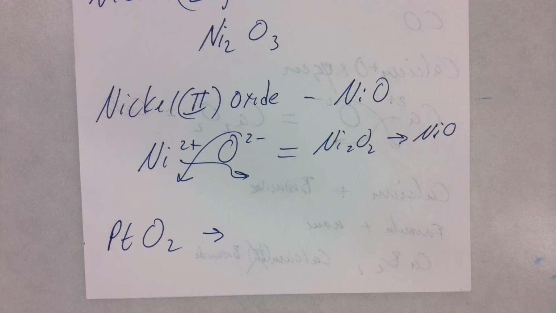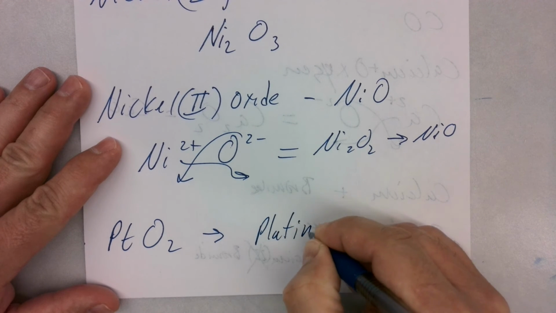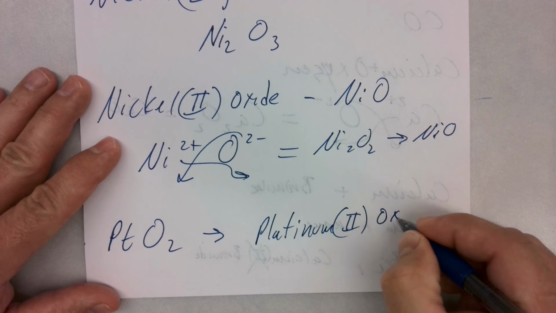One more. 10. Alrighty. Who is 7? You answered one yet? Yeah. Who is 5? You answered one yet? No. What do you got for me? Platinum 2 oxide.